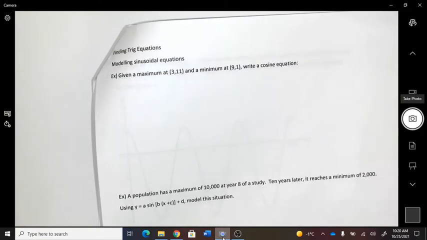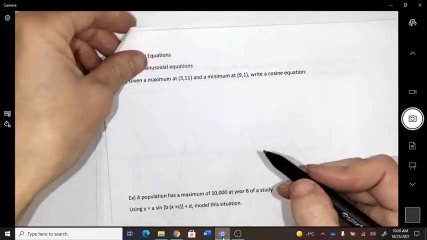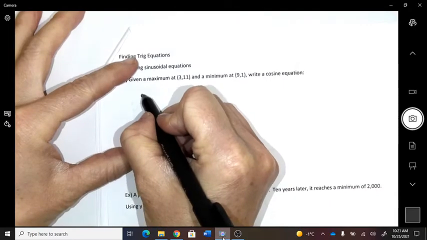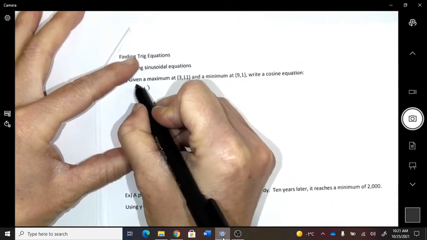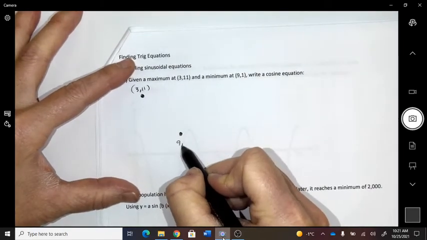Okay, last outcome. Word problems with trig equations. We were given a max at 3, 11 and then a minimum at 9, 1.